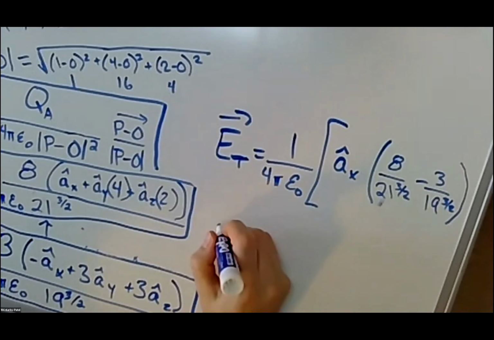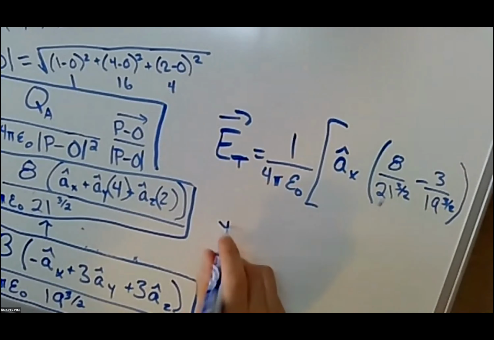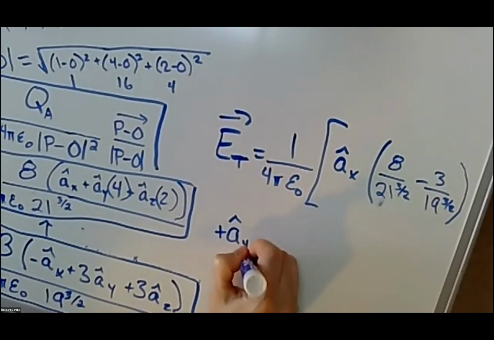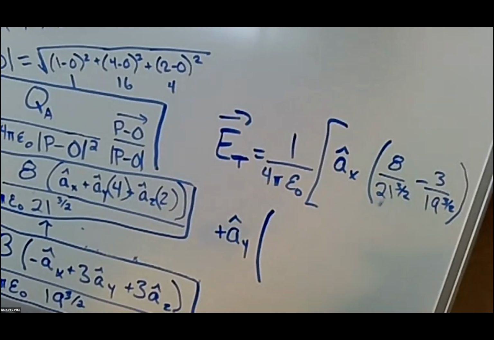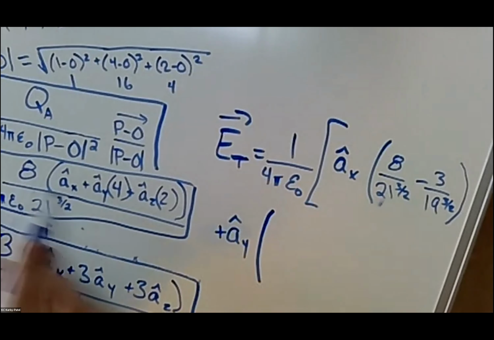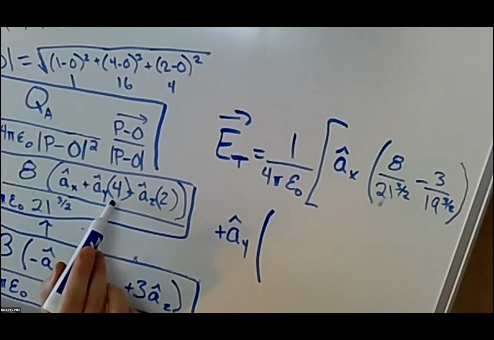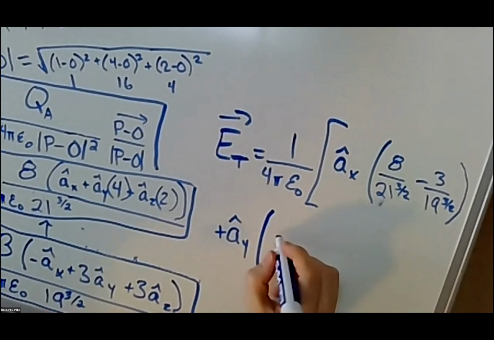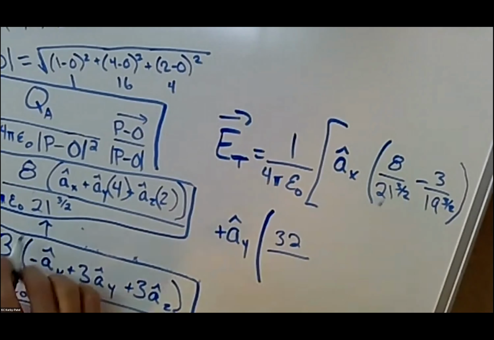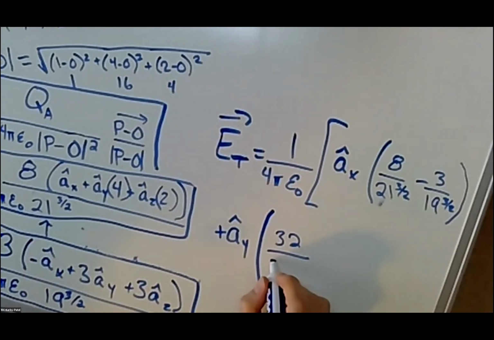Now we do the y component. So we write plus a hat y, and then we add the 2 y components together. On EA, we have 8 times 4, which is 32, if I'm not mistaken. So we've got 32 divided by 21 to the 3 halves. And on EB, we've got 3 times 3, which is 9.